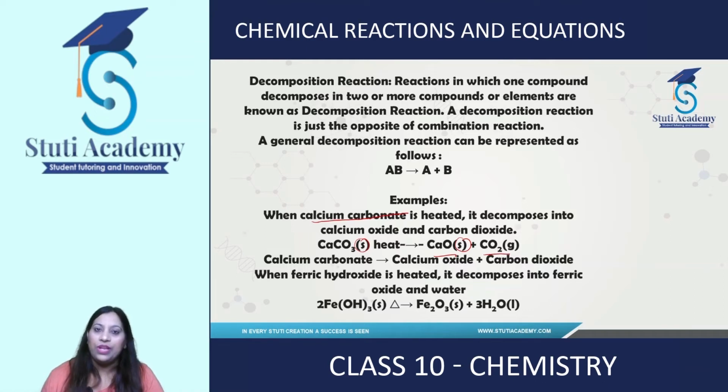Another example of such kind is when ferric hydroxide is heated, it decomposes into ferric oxide and water. So these are the examples of decomposition reaction. And here this symbol shows that we are providing heat when we are performing this reaction. If you remember, I told you about this symbol.